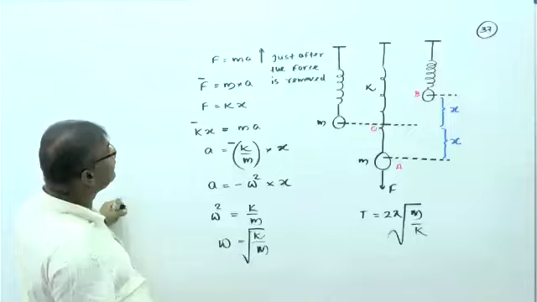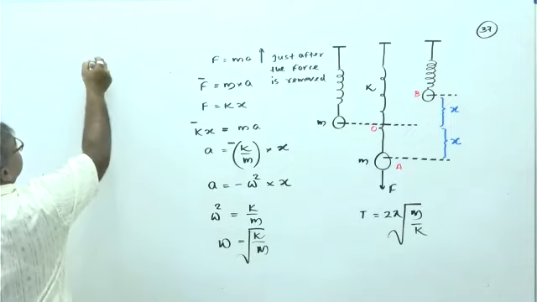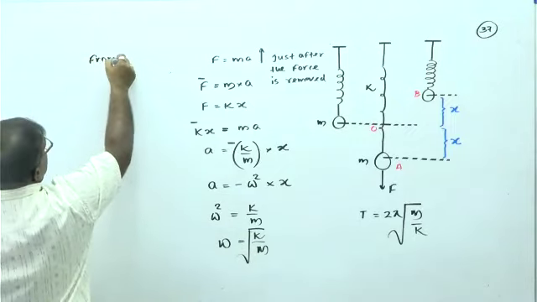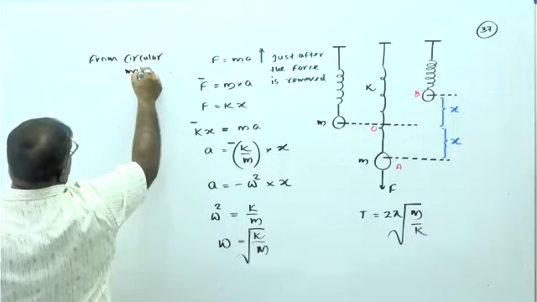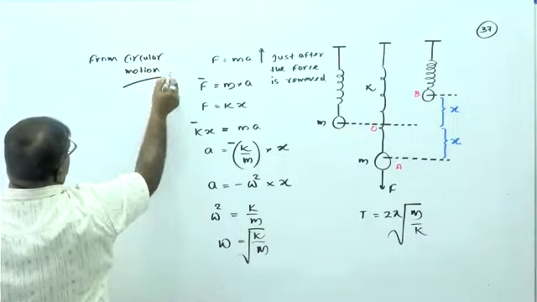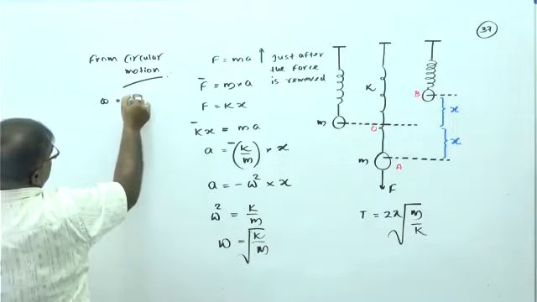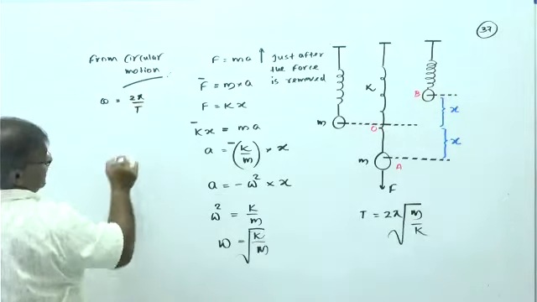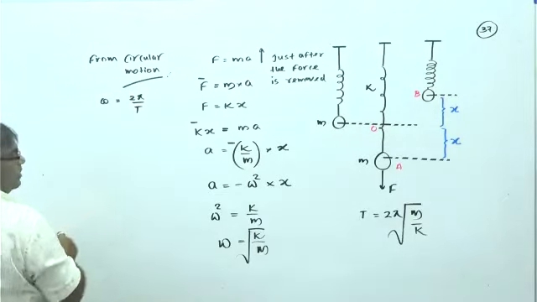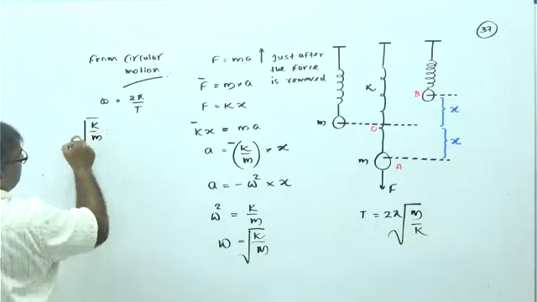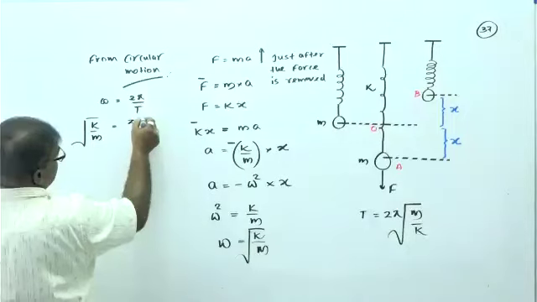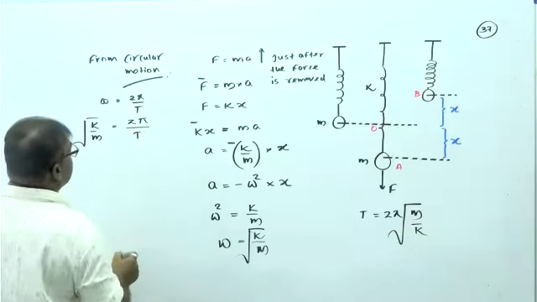Until here. Now, from circular motion, we have omega equals 2 pi over T. Then equating both, root of k over m equals 2 pi over T, right?